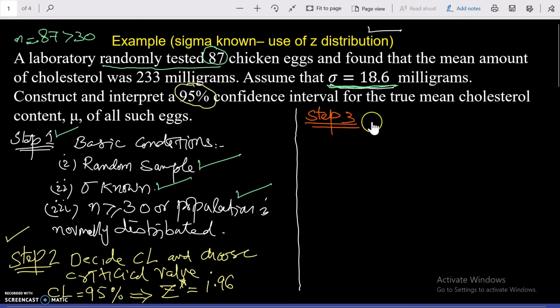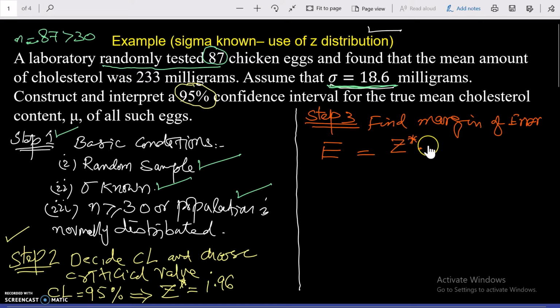In this step, we find the margin of error, and fortunately we have a formula for that. The margin of error is equal to z star multiplied by sigma divided by the square root of the sample size.